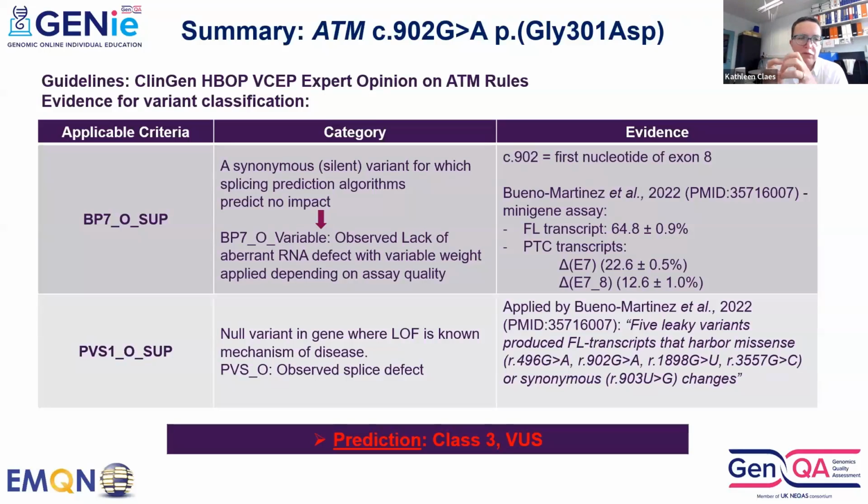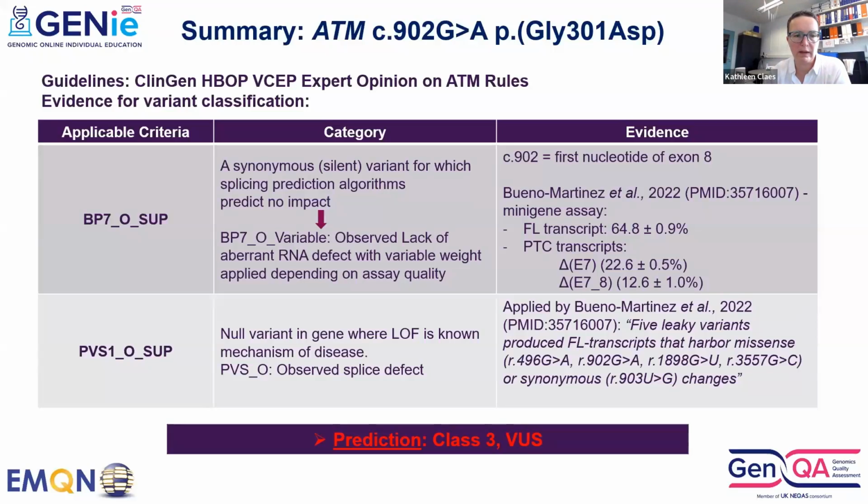However, the reason why we felt this was more BP7 is because we are aware that some labs have done cDNA analysis on patient material and did not observe aberrant splicing due to this variant. But we could also perfectly live with the people who applied PVS1 at the supporting level.